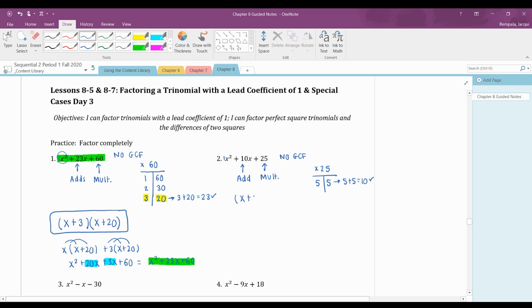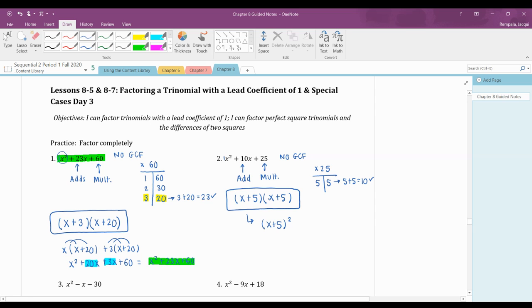So we're going to have x plus 5 times x plus 5. This is a perfect square trinomial because I have the exact same thing in both parentheses. Another way to write it would be x plus 5 quantity squared, because there are two of the same thing being multiplied together.